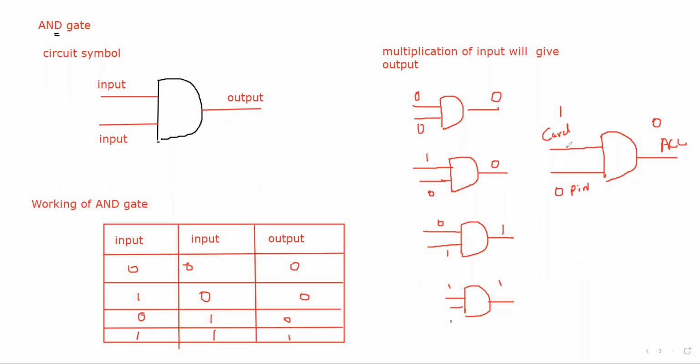But for example, the machine reads your card and you enter the right PIN, because every card has an associated PIN. So when both inputs are 1, what will be the output? The output will be 1 and you have access to your account.